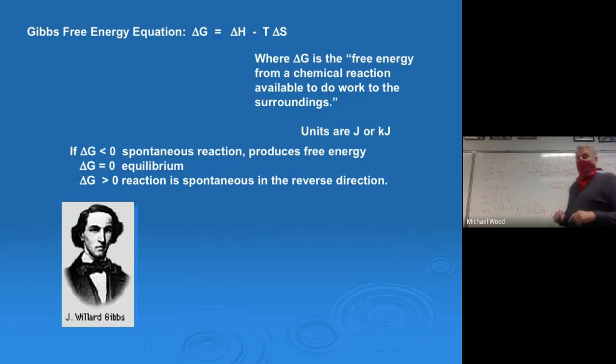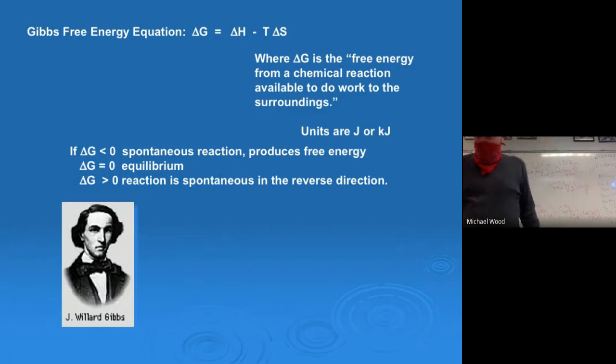So delta G is called Gibbs free energy. This is a measure of whether or not the process will proceed without the input of outside energy. So this predicts whether it will be thermodynamically favorable or not favorable. The first thing we're going to do is just look at the sign.